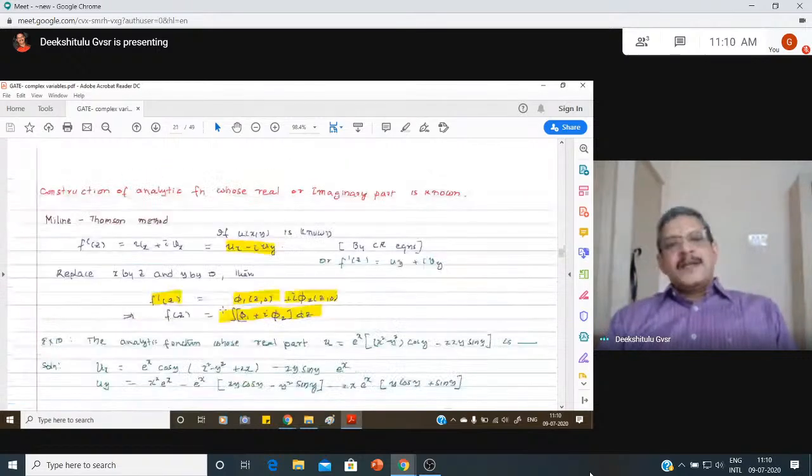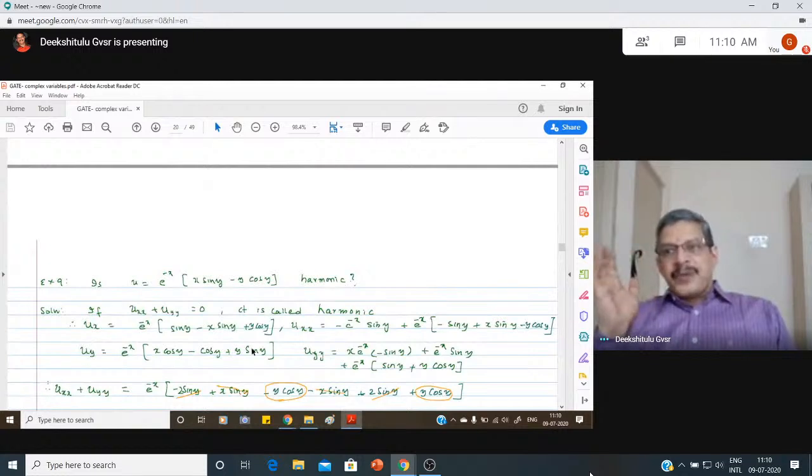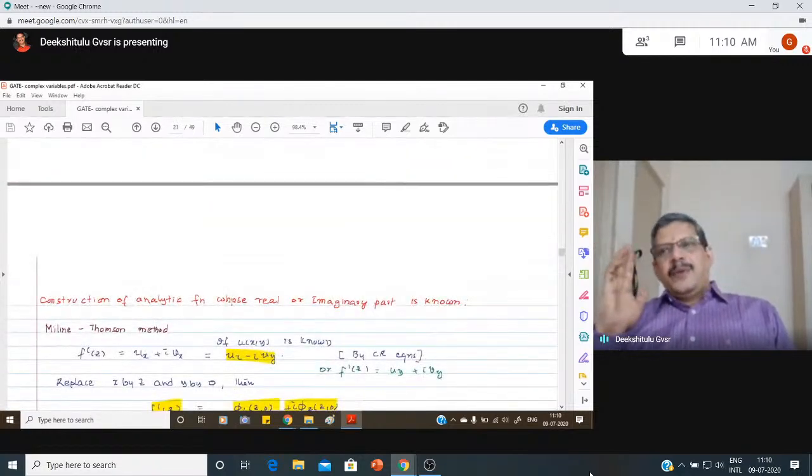And then, in this problem itself, only u is given to you. Now, the question is, when only the real part is given to you, can we identify whose real part it is? That means, can we construct the function from that real part or imaginary part? That is the question. For that, we need only one condition.